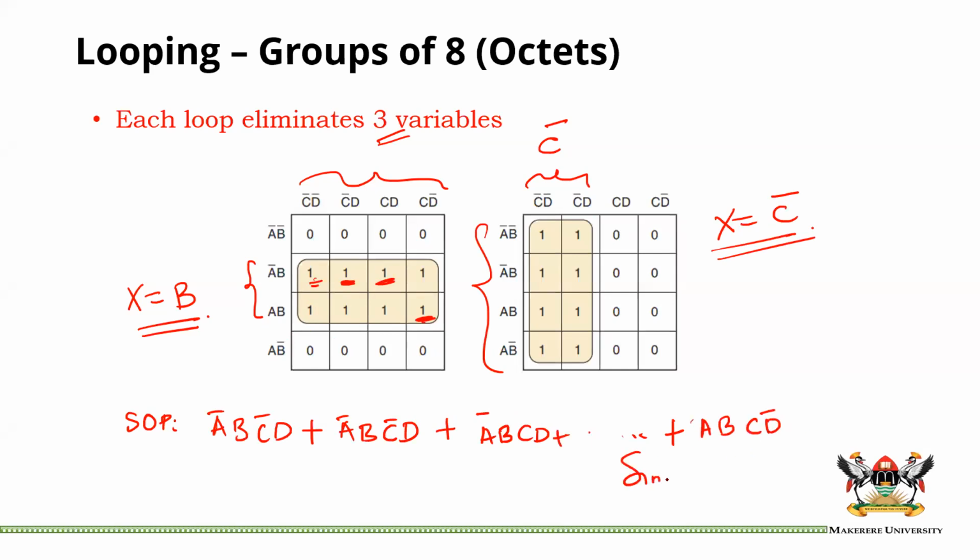And then we simplify this one, and then we would end up there. You can try it. But the trick is that you must loop correctly. Okay. All right, let's stop there.